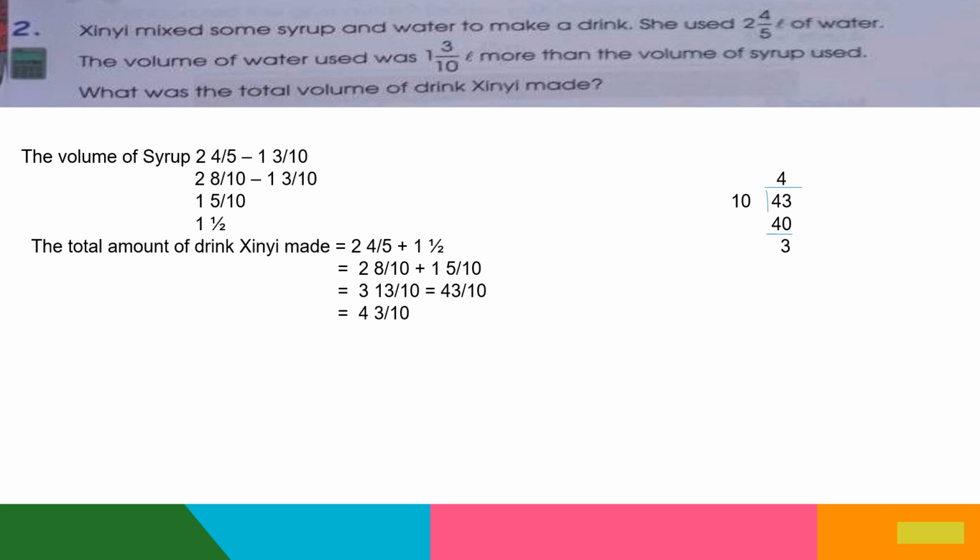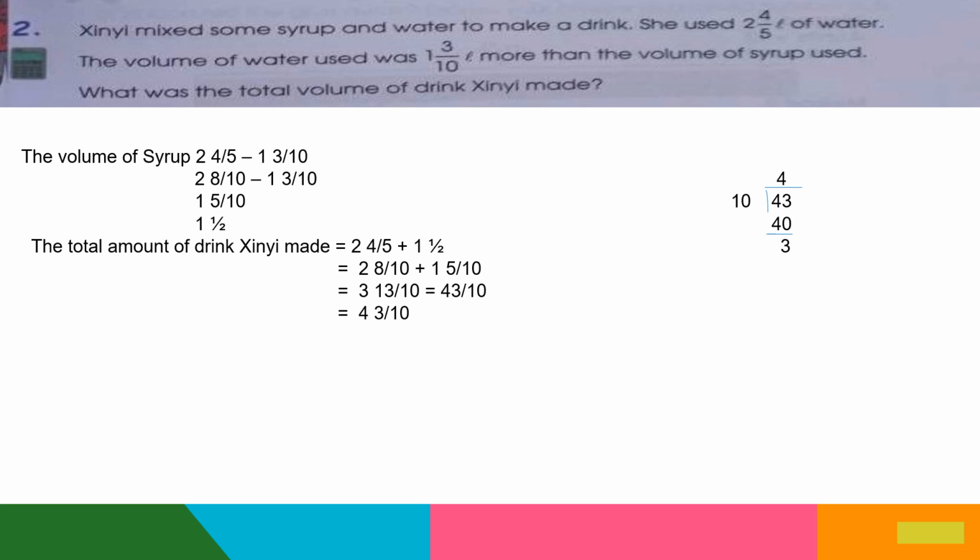So we multiply and divide 4 over 5 by 2, so it becomes 8 over 10, and 1 over 2 by 5, so it becomes 5 over 10. Now we have 2 whole number 8 over 10 plus 1 whole number 5 over 10. So 2 plus 1 is 3 and 8 plus 5 is 13 over 10.